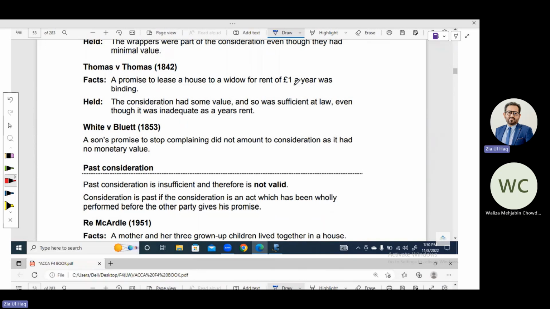The consideration had some value and so was sufficient at law, even though it was inadequate as a year's rent. But in 1842, obviously £1 was something. So that was considered consideration because he is giving his house for rent and the other person is paying some amount. It should be any amount that is accepted by the law and must be sufficient. It need not be equal to both considerations.